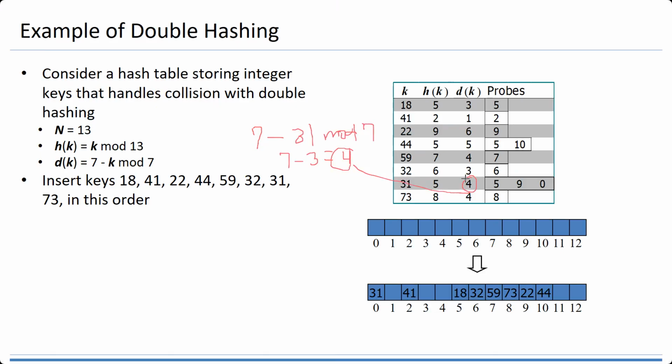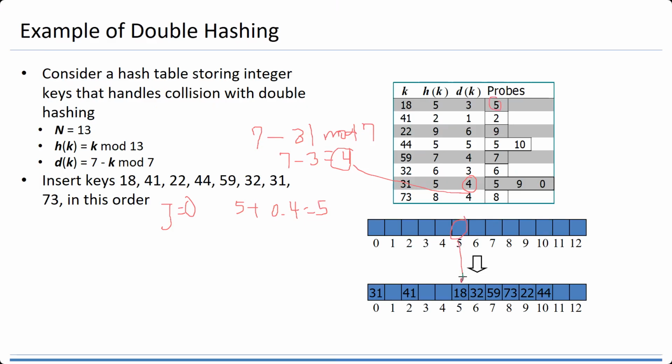Okay, now we check when j equals 0. So we have 5 plus 0 multiplied by 4. Let's see the position 5. The position 5 has been filled with 18.